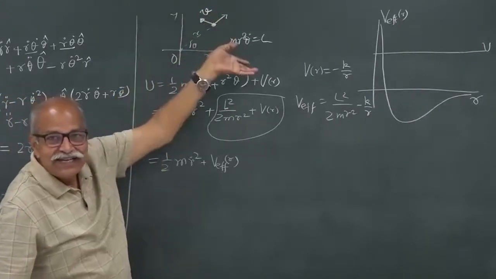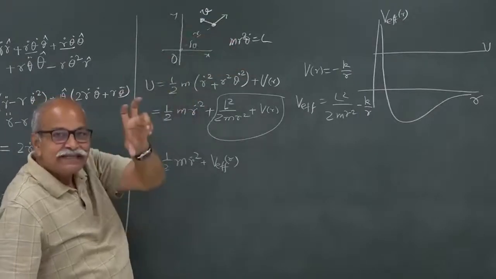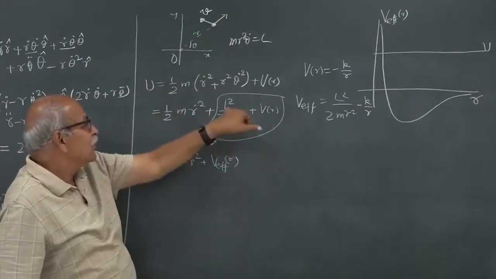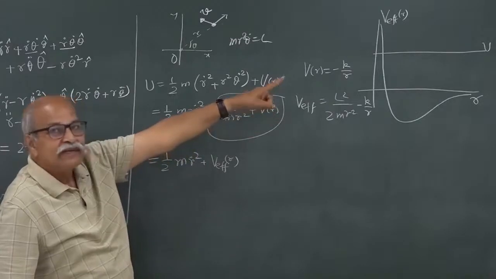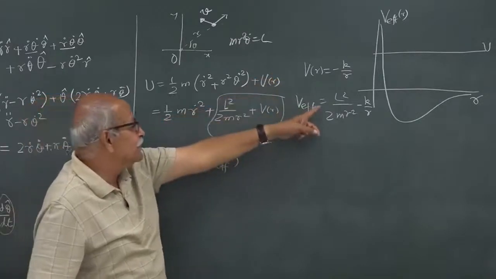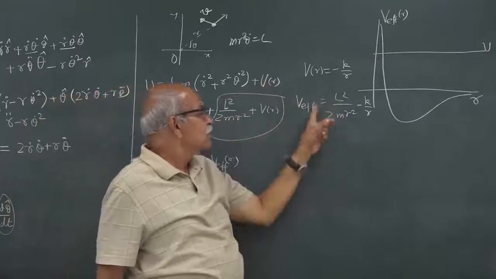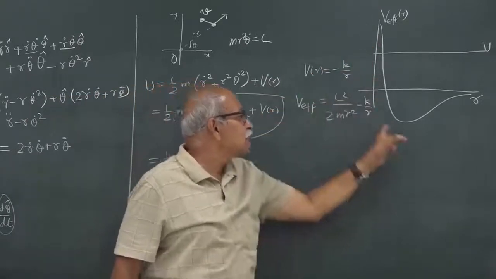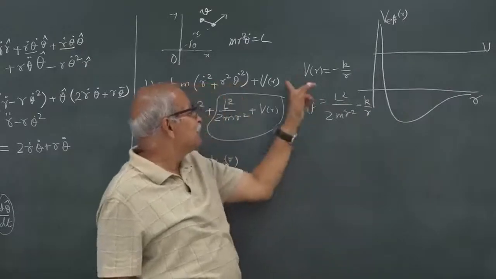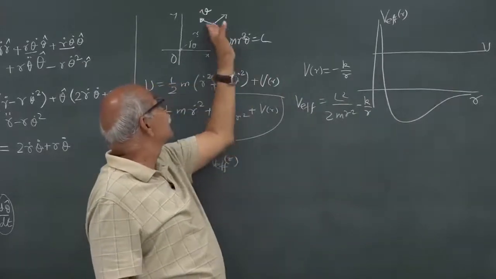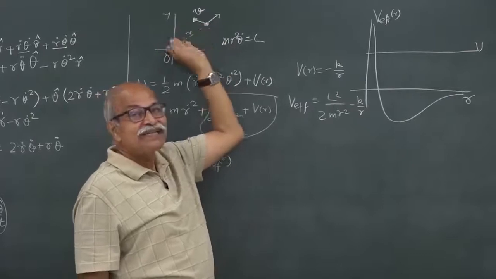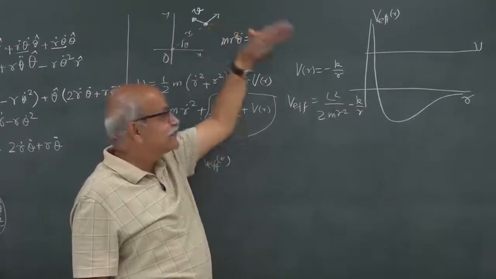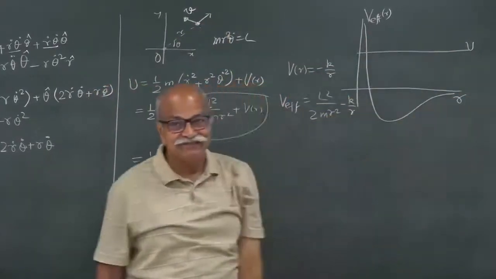So, initial conditions will tell me how much is the angular momentum L and how much is the total energy U. So, once L is known, I can draw this line, and once total energy is known, what is the kinetic energy here, what is the potential energy here, then I can draw this line.